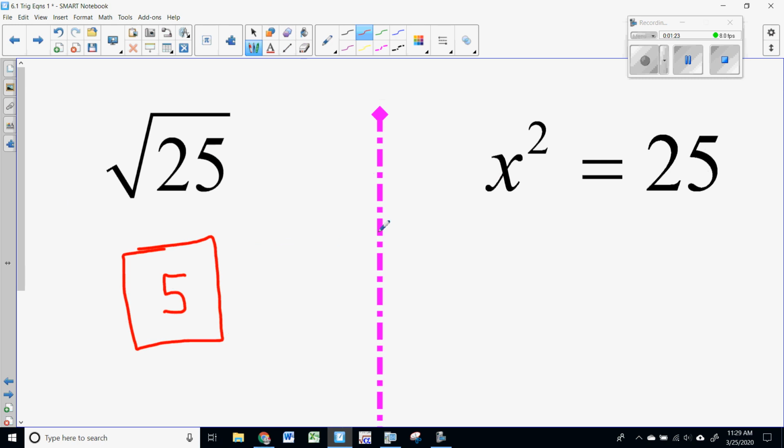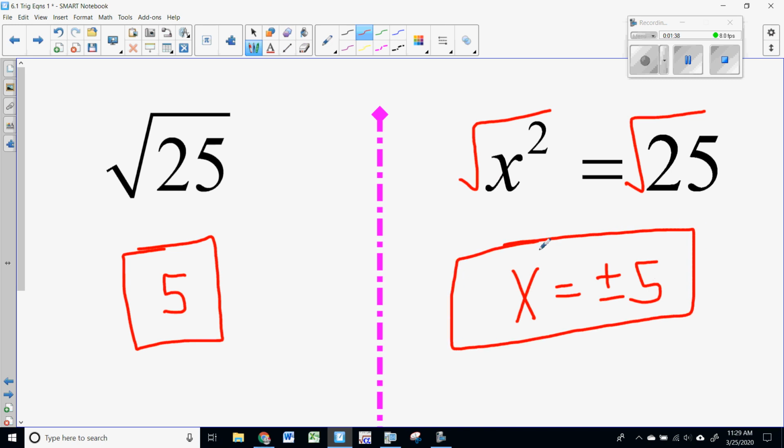However, if you have an equation and you solve it by taking the square root of both sides, you can have more than one answer, and you have to get plus or minus 5, because both 5 and -5 solve the equation.